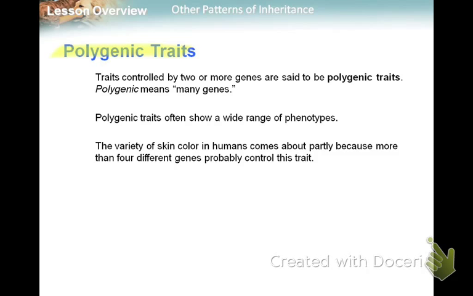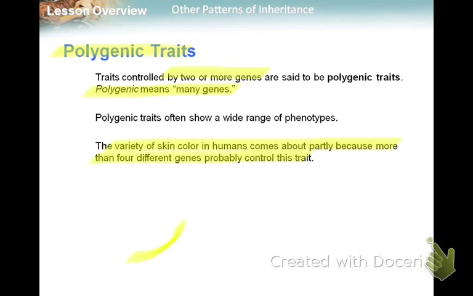Next up we have polygenic traits. Polygenic literally means many genes. You have 2 or more genes that are contributing to phenotype, like eye color is an example, just the modification of that. Variety of skin color in humans is because it's estimated that more than 4 different genes probably control this trait.